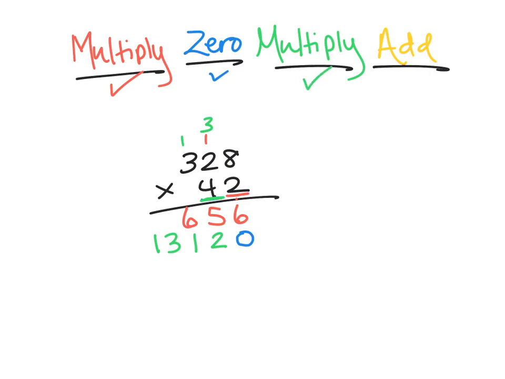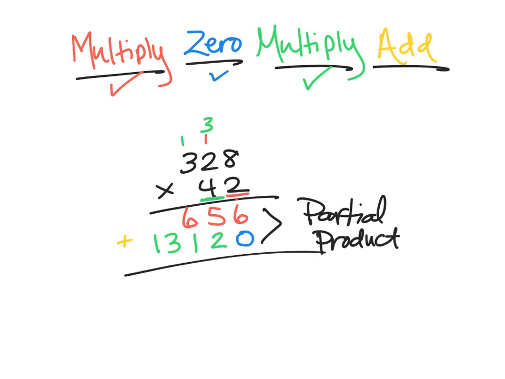So now the last step is I'm going to add. And remember that these numbers down here are called partial products. Remember, the answer to a multiplication problem is called the product. So these numbers represent just part of that product.